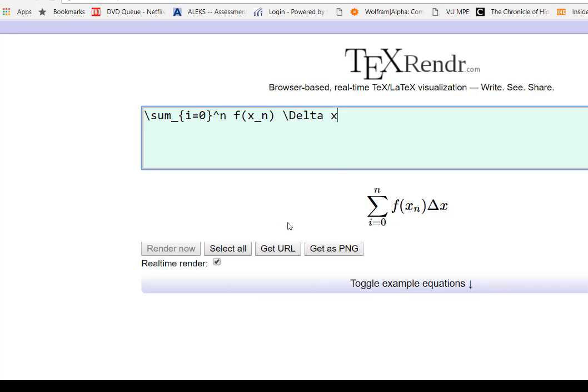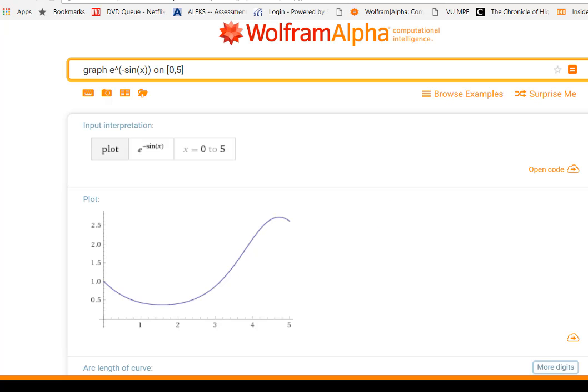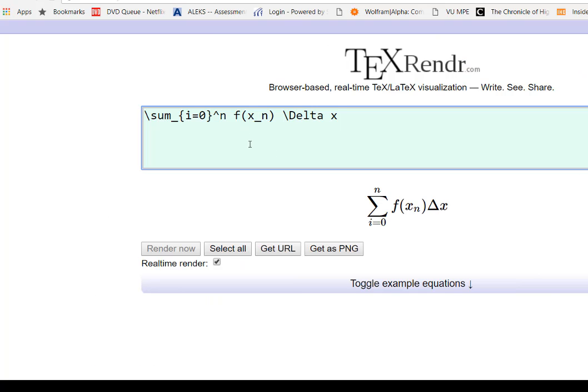So for numerical integration, what we are going to assemble is this Riemann sum that's built and assembled for our function and our interval. So for the one that we are going to do, when we find the area under this curve, we're going to be integrating from 0 to 5 of that function, but we're going to do it in an approximate numerical fashion.